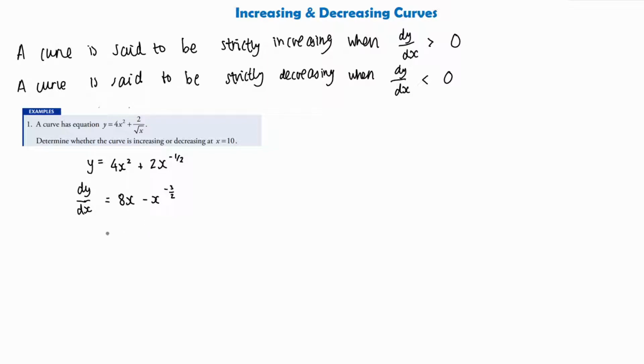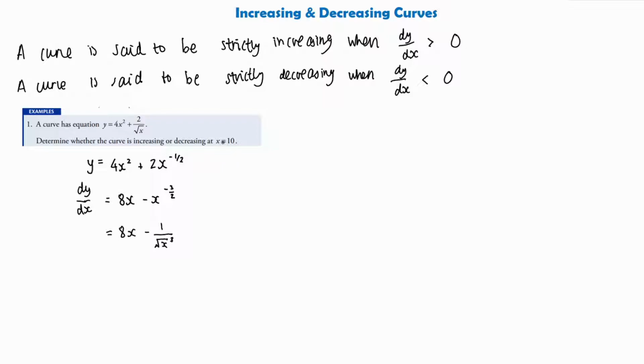And again, I'll rewrite this with x as a positive power, getting 8x minus 1 over square root of x cubed, so square root of x all cubed. And this is our derivative. Now we don't know yet if this is greater than or equal to 0, do we? So we are told that we're to determine whether the curve is increasing or decreasing at the point where x equals 10.